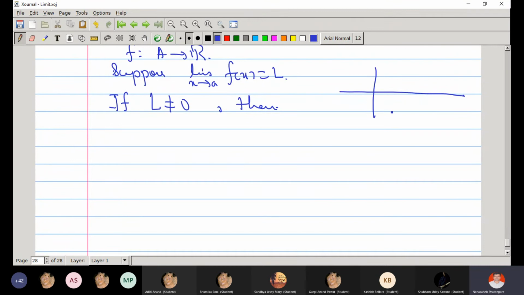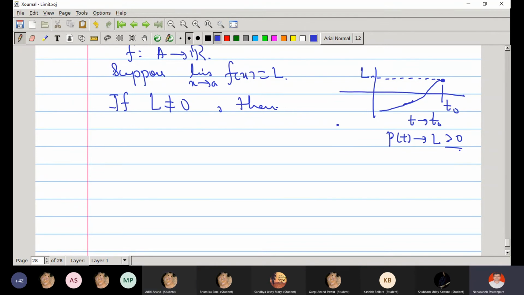Now imagine a very simple situation. Suppose some particle is moving like this. The particle is moving toward some t naught. As t tends to t naught, the particle moves and settles at this point; the particle tends to L, and L is positive. Now observe this situation, what happens? Can you see the figure?